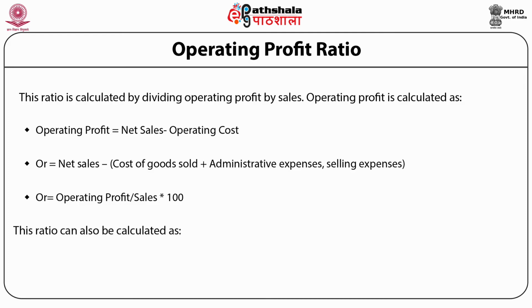This ratio can also be calculated as operating profit ratio is equal to 100 minus operating ratio.